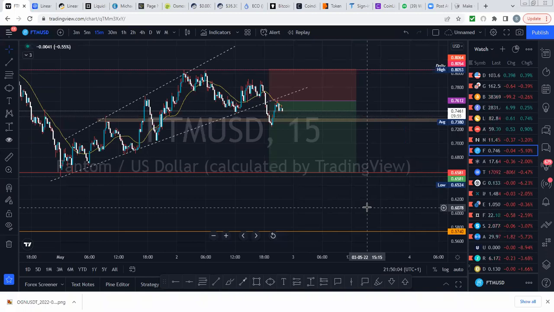The trade setup is at the core of the trading process.